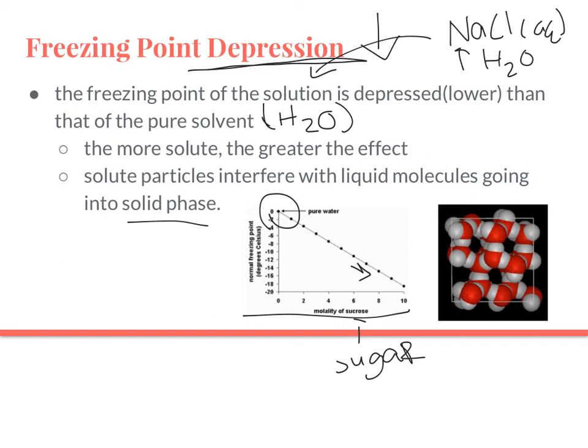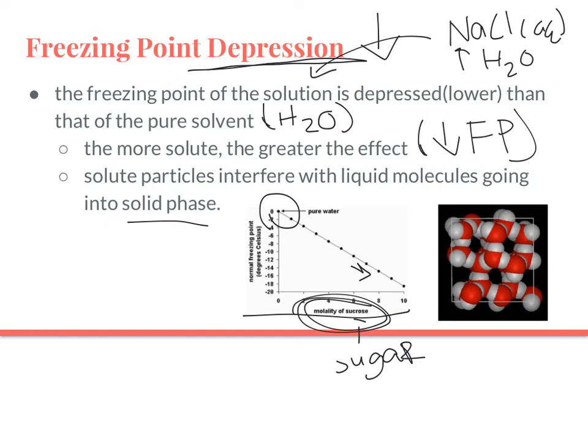Okay, so there's a direct relationship here between the amount of the solute that you have and the freezing point. So the more solute you have, the greater the effect. And when we say greater the effect, we mean the lower the freezing point, because those particles are getting in the way of the liquid molecules converting into that solid phase.